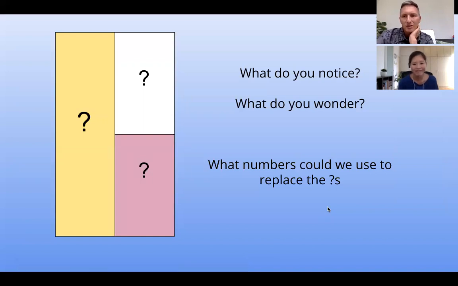Sure. Looking at this picture, what do you notice? What do you wonder about this? I noticed that there are 3 rectangles, and there's one that's really long, and there are 2 that are like the half of the long one. Yeah, and it says here, what numbers could we use to replace the question marks?